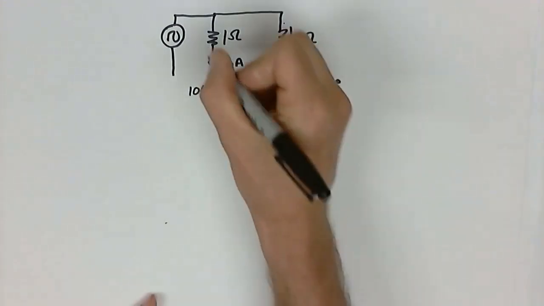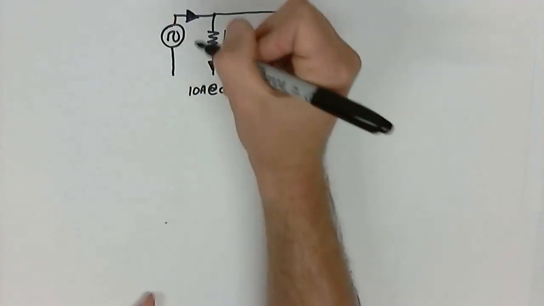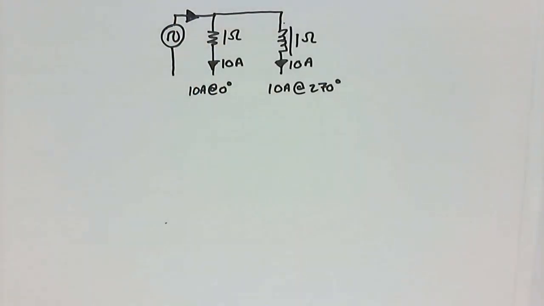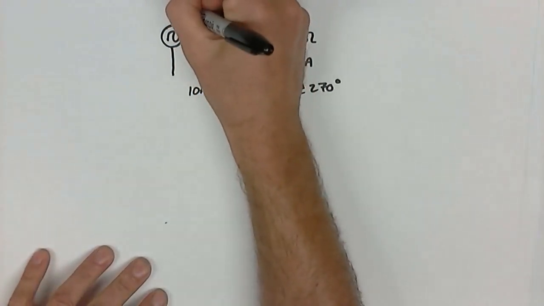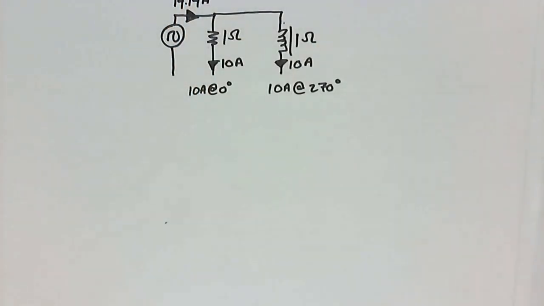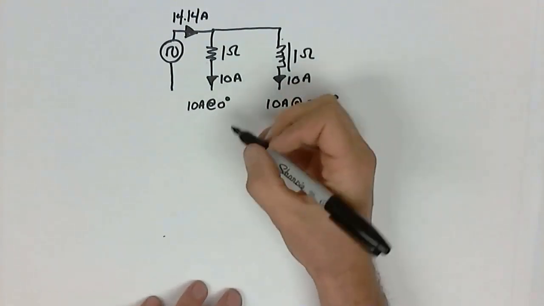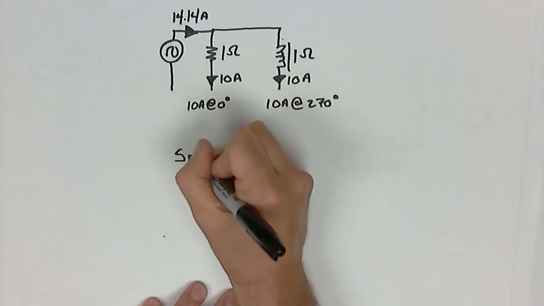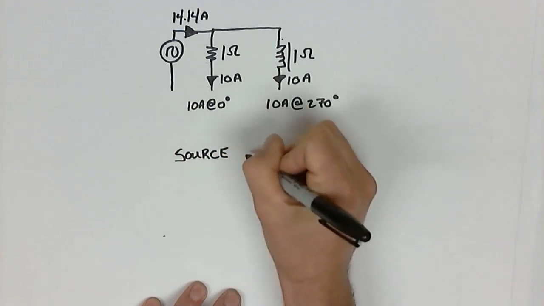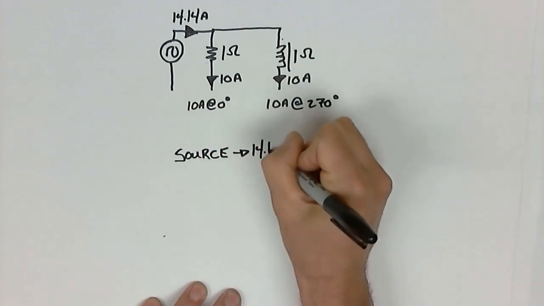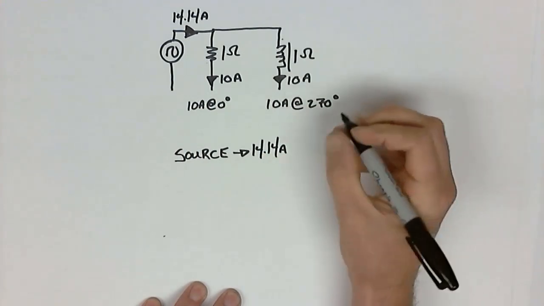If we were to work out the total current here, which we can do with mode 3 or an HV table, or really you could just do it with Pythagoras, because these are pure values, the current value would be 14.14 amps. Whoop, there we go, 14.14 amps. In this situation, the source must deliver 14.14 amps to the circuit.